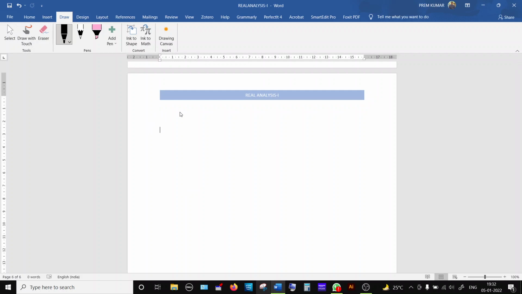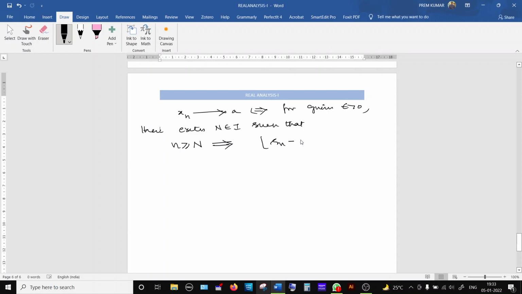In general, what we studied is that a sequence approaches a limit A if and only if for a given epsilon greater than 0, there is a positive integer capital N such that whenever n is greater than or equal to capital N, my sequence elements come very close to A. That's the meaning of this.